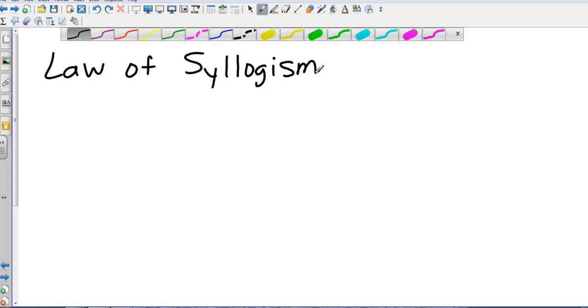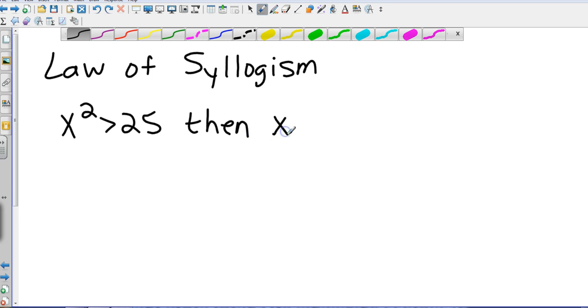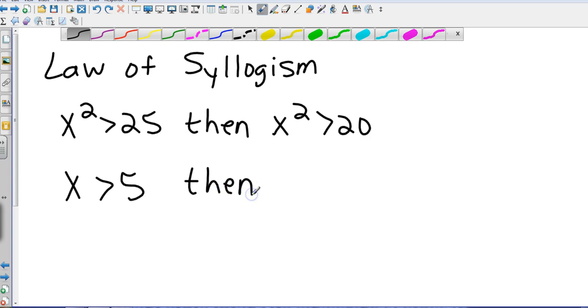So if I had x squared is greater than 25, then x squared is greater than 20, and x is greater than 5, then x squared is greater than 25.